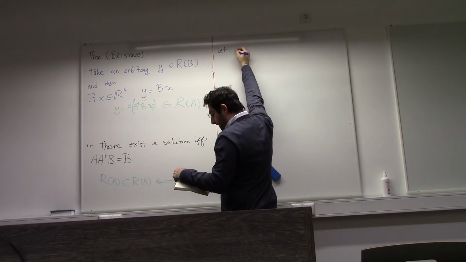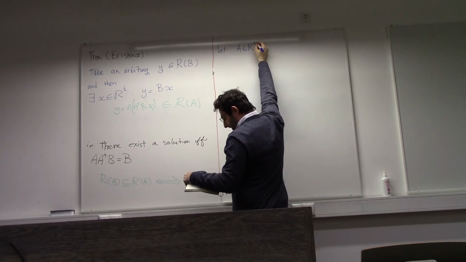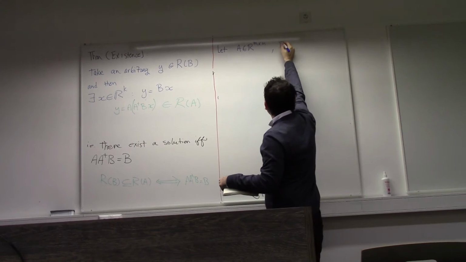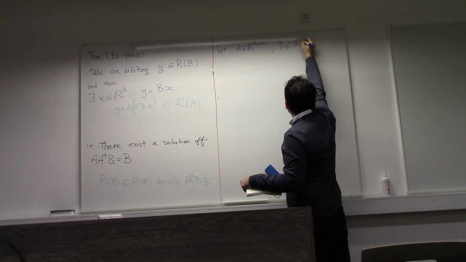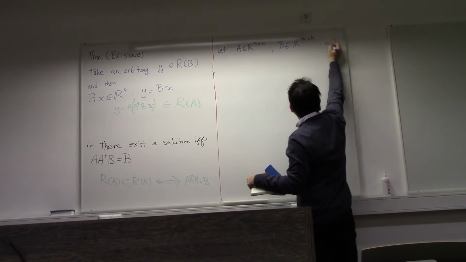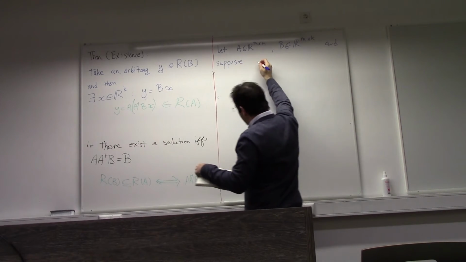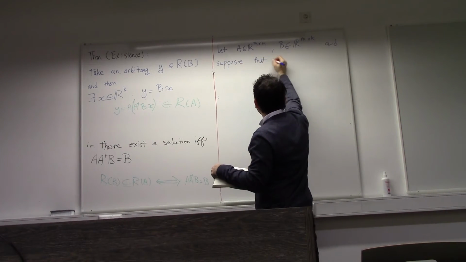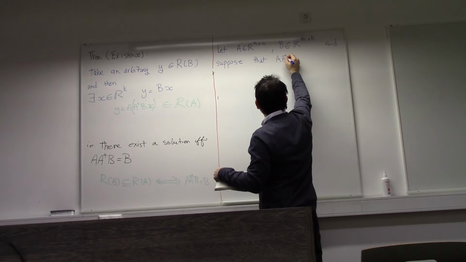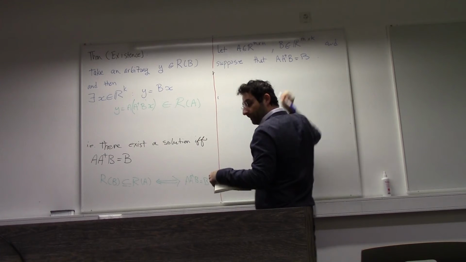Let A belong to R^(n by n) and B belong to R^(n by k). And suppose that AA⁺B is equal to B. Can you tell me what does it mean?